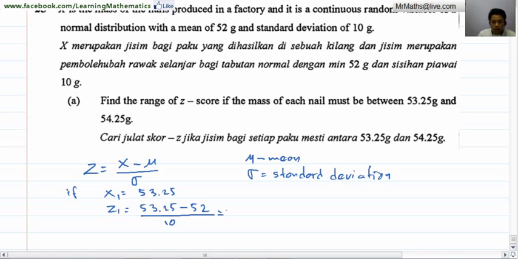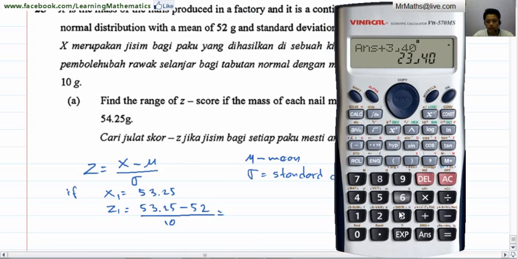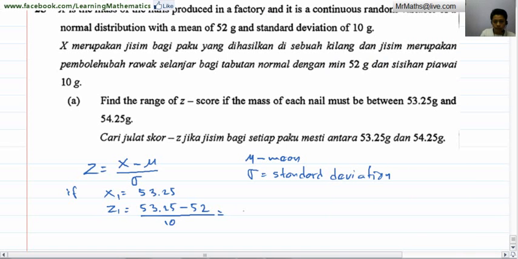Using our calculator, 53.25 minus 50 divided by 10, 0.325. I don't have good handwriting there.